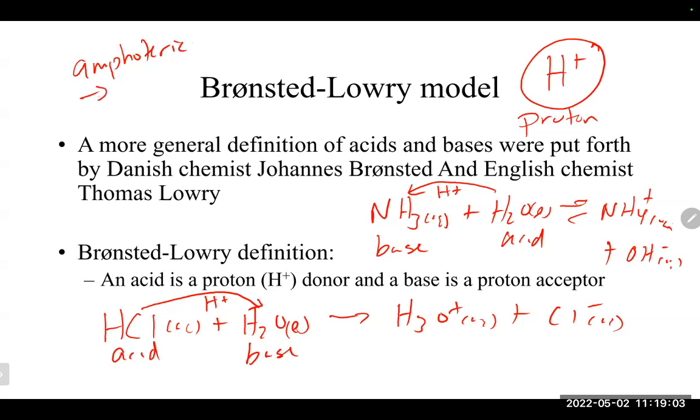An amphoteric substance is a substance that can act as an acid or a base. And water is a prime example of that. In certain situations, water can act as an acid, and in other situations, it can act as a base. So there's several things that can do both, depending on the situation. Any questions on that there?